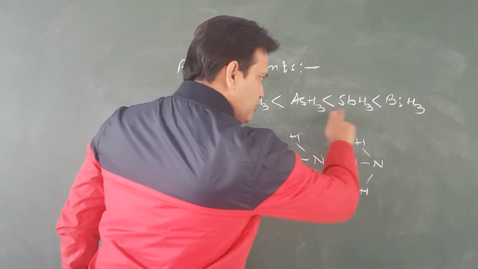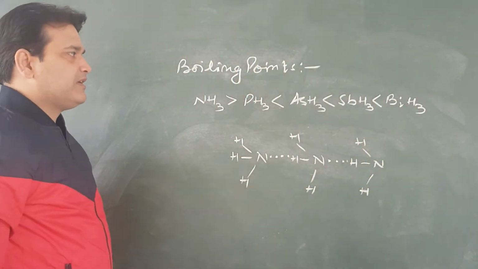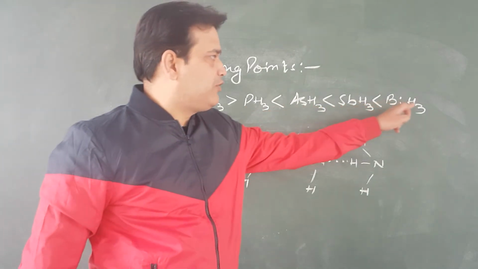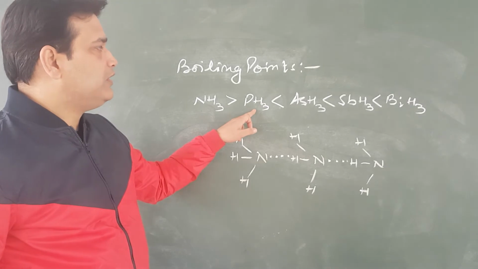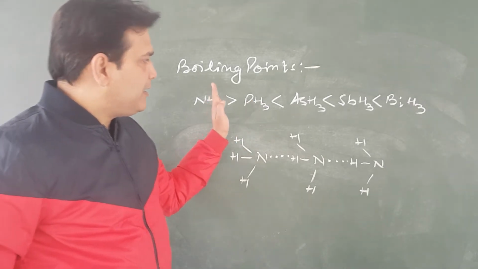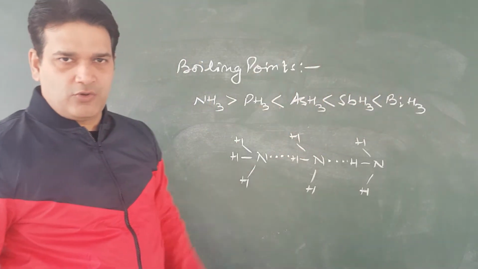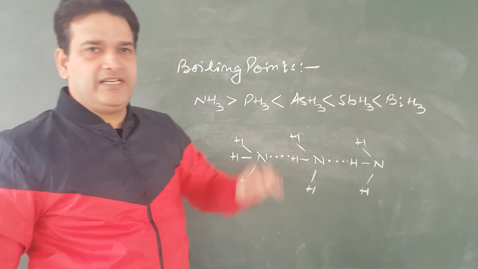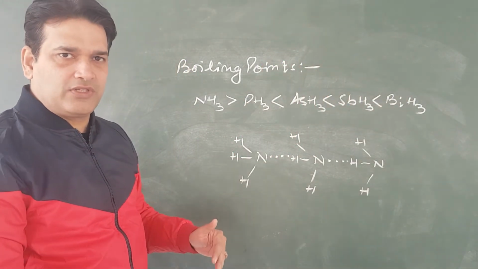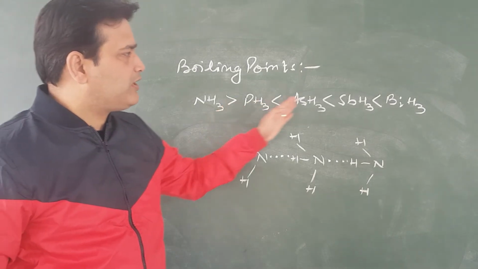And why does the boiling point increase down the group? Because they don't have hydrogen bonding, but due to increased van der Waals forces down the group. Down the group molecular size increases, and van der Waals forces depend on the molecular size.